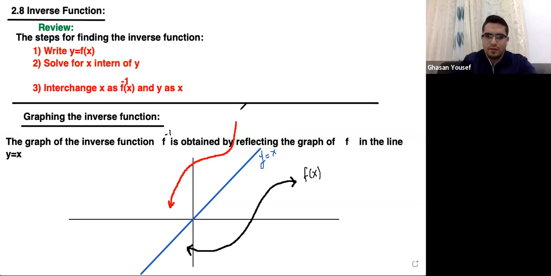So this is my mirror. So the graph should be something like this. This is the graph of my inverse function, f inverse of x.